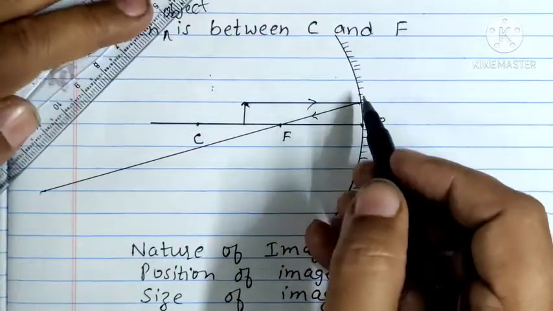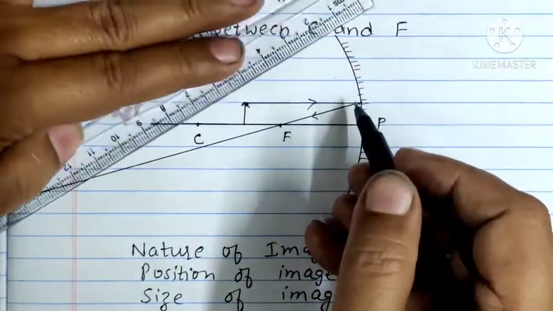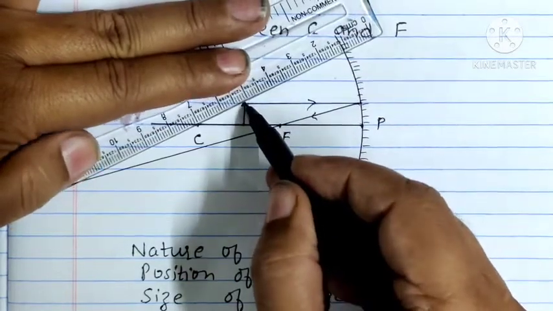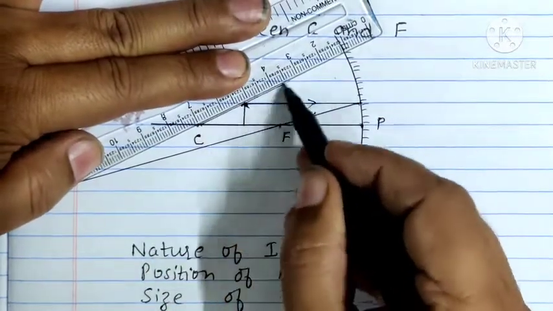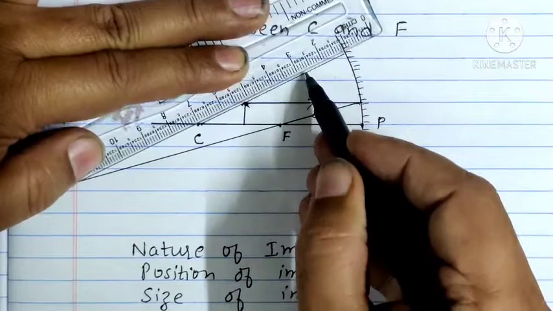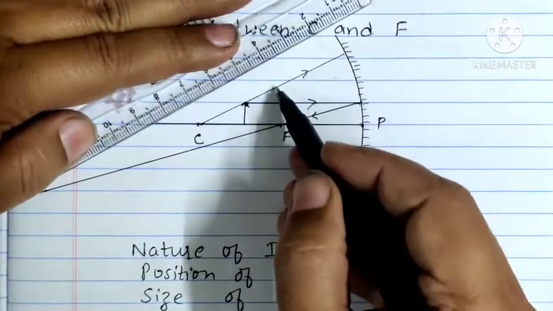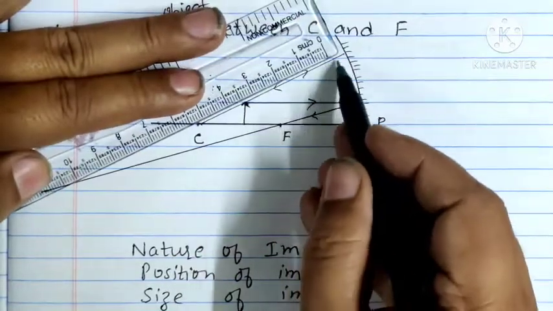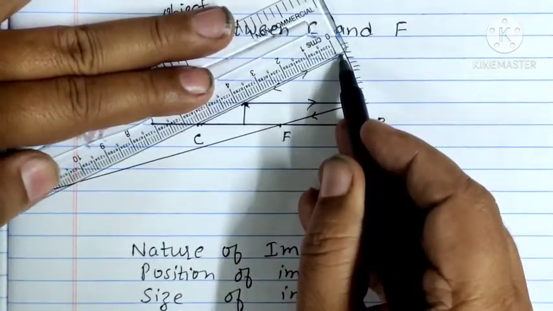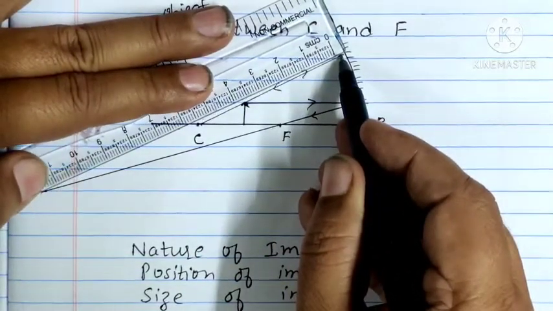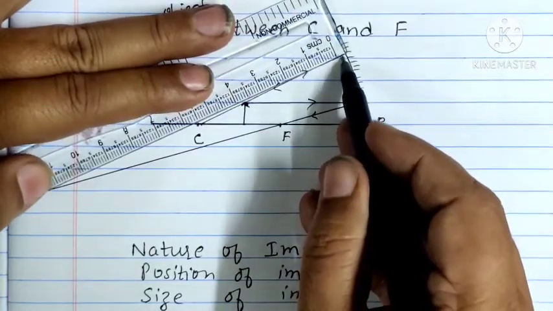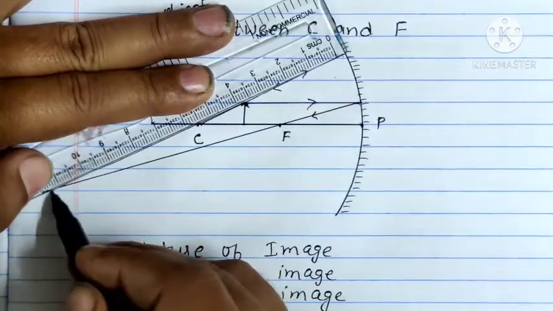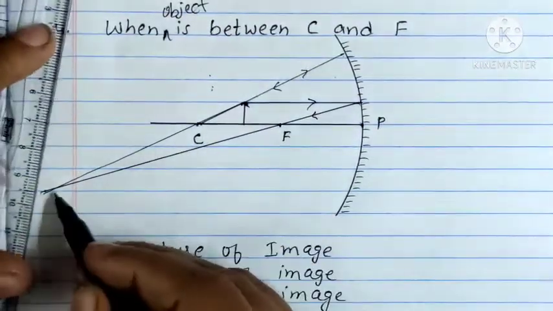And the second rule that we are using is the ray of light which is passing through the center of curvature. This is the center of curvature. After reflection it will return back along the same path, and when we extend this line, they will meet at this point.